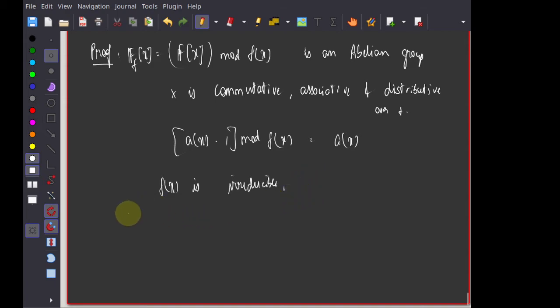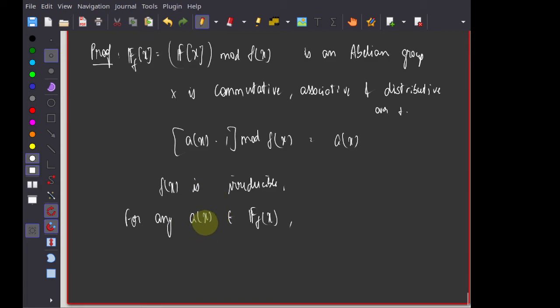So for any polynomial in this set, remember, since this is the set of all polynomials modulo f of x, what can you say about the degree of a of x?